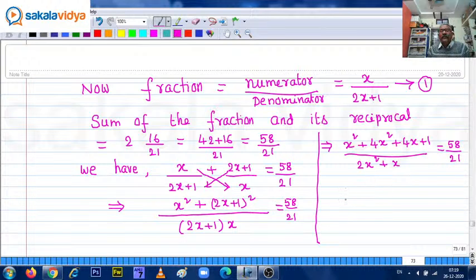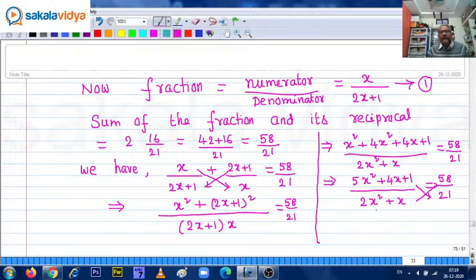Okay. Next, now we can write 5x square plus 4x plus 1 upon 2x square plus x equal to 58 upon 21. So cross multiply.